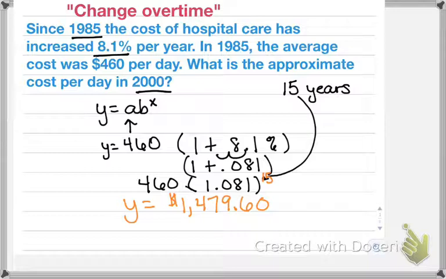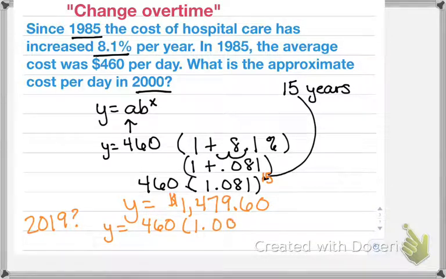Then I have to think about from 1985 to now, how many years would that be? And that's 34 years. So the biggest difference would be that if in 2019, if I wanted to know, my formula would then be y equals 460 as my initial, and then still the same growth factor.